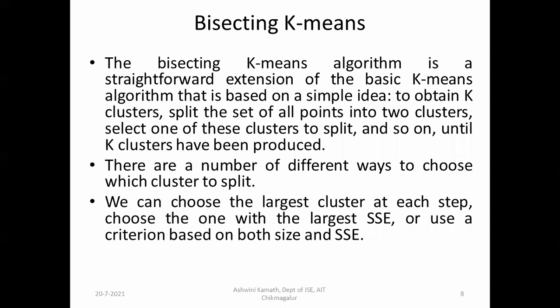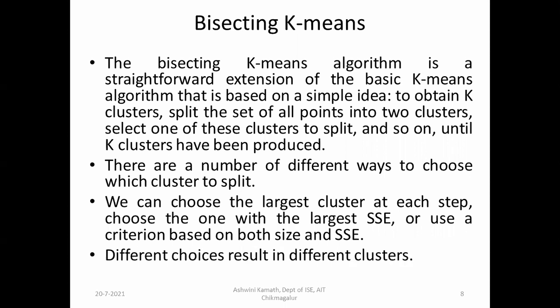Or use a criterion based on both, size and SSE. You can select the cluster having more points, and check its sum of squared error also. If the sum of squared error is also more, then you can split it.